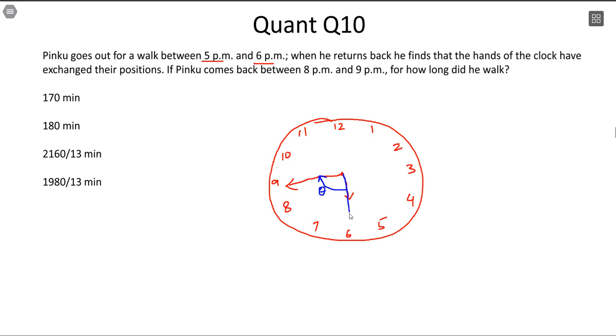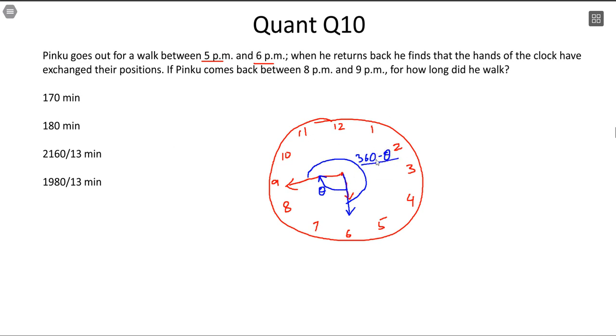Minute hand has managed to reach somewhere between 5 and 6 now. After whatever duration has passed, the minute hand has traveled this theta, and the remainder out of 360 minus theta. 360 minus theta has been traveled by the minute hand.